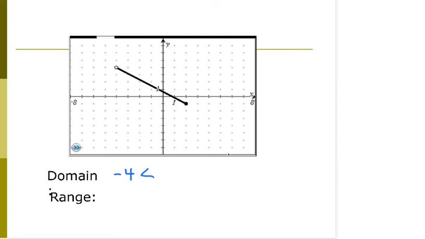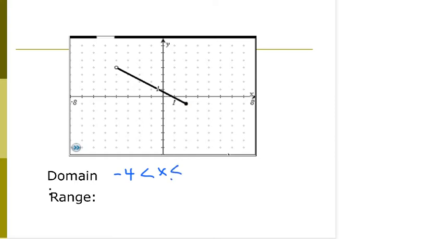Similarly, for our other boundary point, the final point on our end here, this corresponds to where x is 2. And here we have a fully shaded in point, so it is going to be included. So we put our or equal to. So that's how we would get our domain.